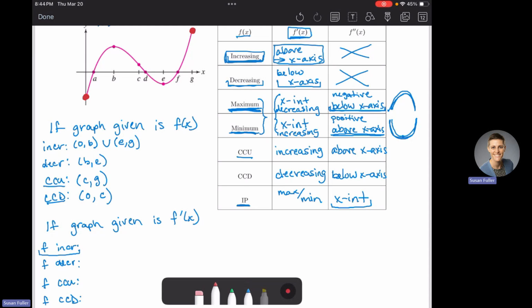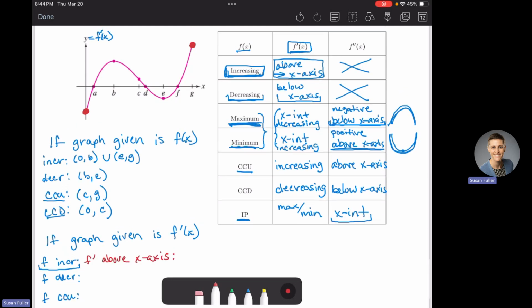So I'm really looking for where f prime is above the x-axis, right? Because wherever f is increasing, f prime is above the x-axis. So now I can come up here and say, okay, well, where is this graph above the x-axis?